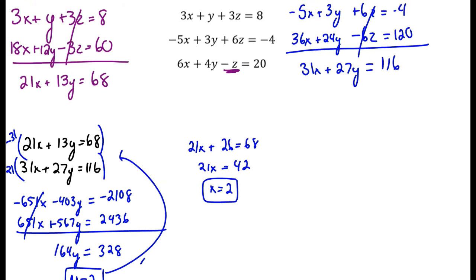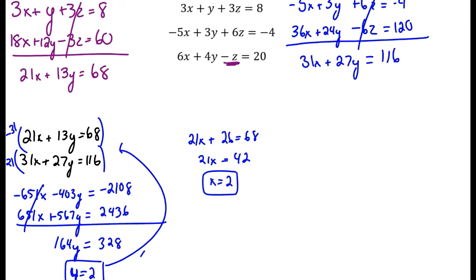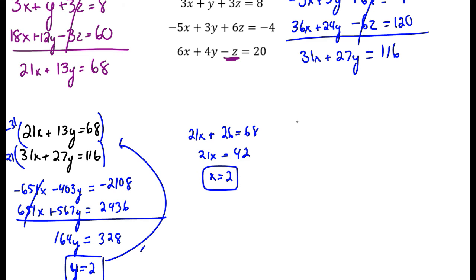So x equals 2 and y equals 2. We now have to solve the Algebra 2 problem. Take both of those and plug them into one of these equations up here. I'm going to pick the first one, 3x plus y plus 3z equals 8. 3 times 2 is 6, plus y, which is 2, plus 3z equals 8.